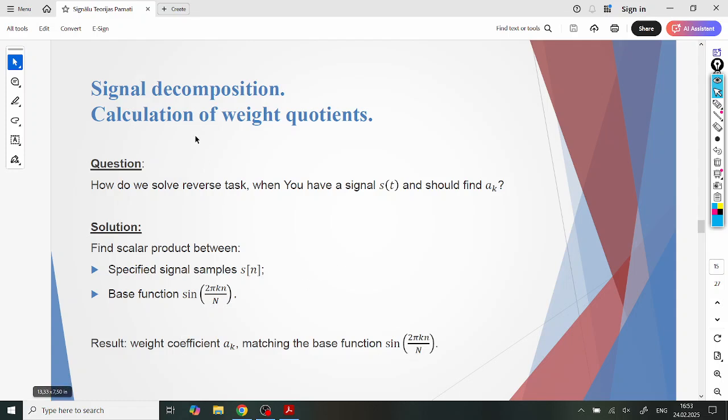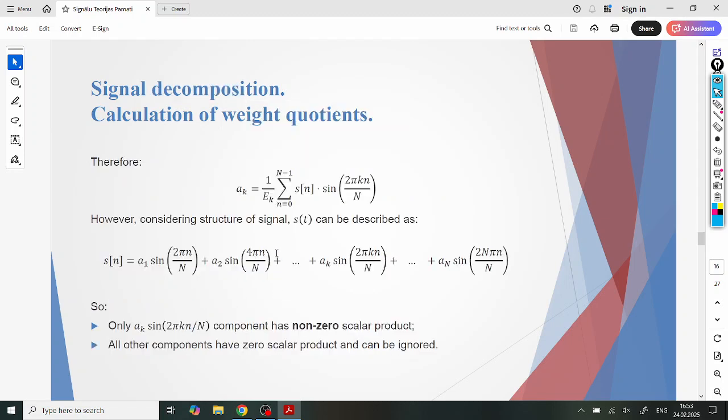If we want to decompose some signal into some numbers, right now these are unknown numbers: we don't know what is a1, we don't know what is a2, we don't know what is ak, we don't know what is an. But these base functions, sin of 2pn, sin of 4pn, are easy because they do not have any unknown numbers.